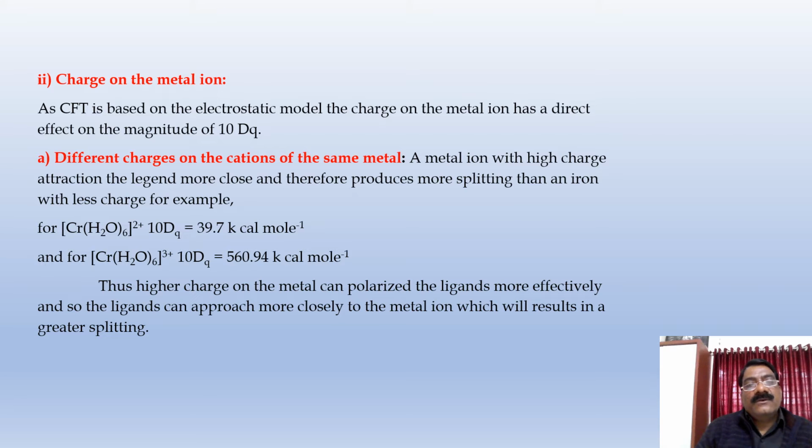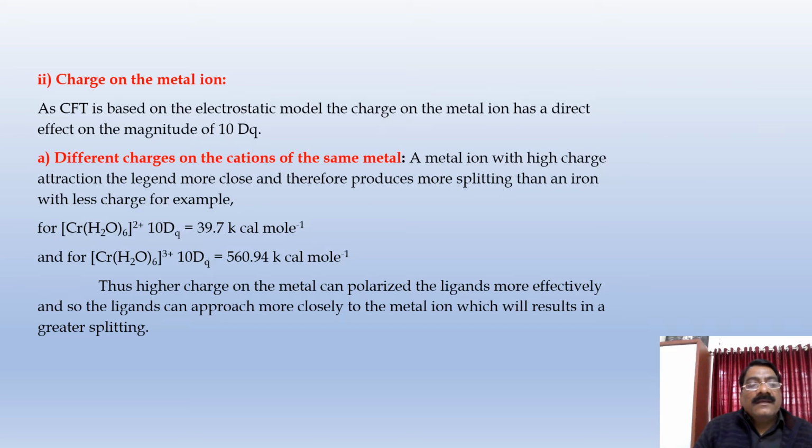Different charges on the same metal ion: a metal ion with a high charge attracts the ligands more closely and therefore produces more splitting than the ion with less charge. For example, here the metal atom and the ligands are the same, only the charge differs. There are two complexes, [Cr(H2O)6]2+ and [Cr(H2O)6]3+.